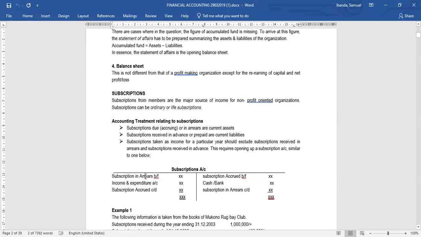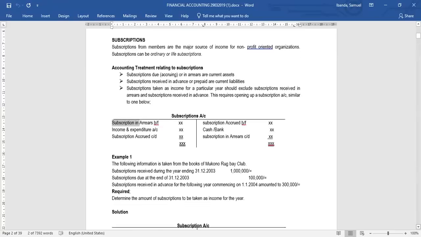So you can basically understand how to record this, let's say the balance brought forward, then you know that the carried down is recorded. Remember, if we have a carried down on this side, it means the balance brought down will be on this side. I guess you now know how to balance off different ledger accounts. So that is the principle of how we handle our different subscription accounts.